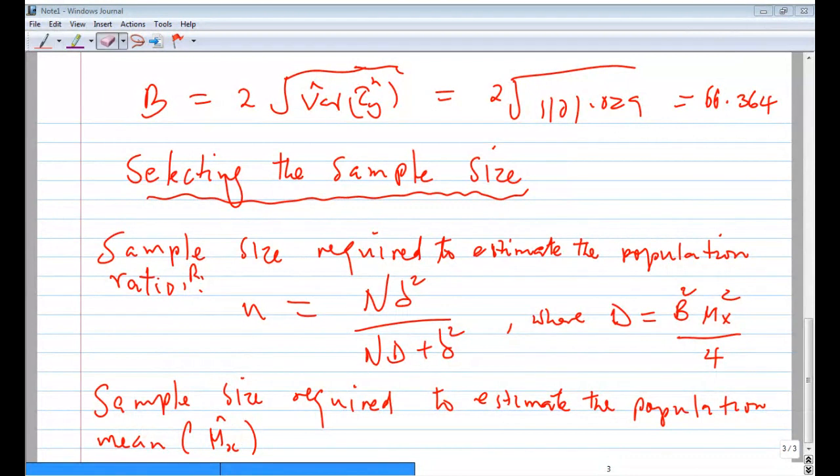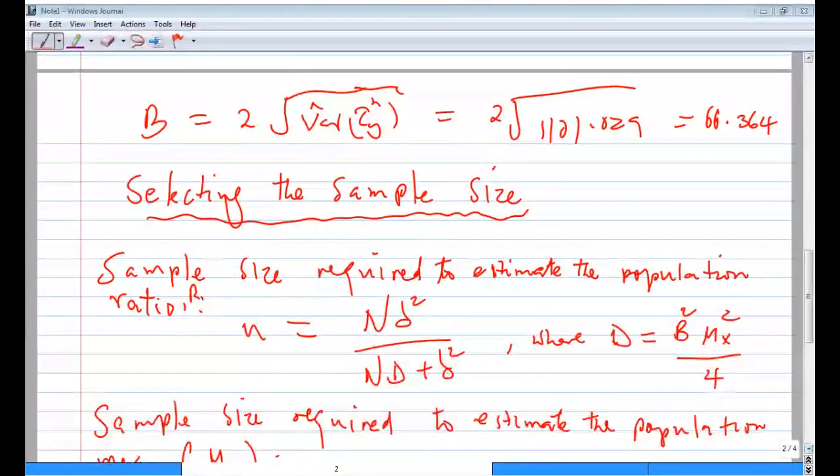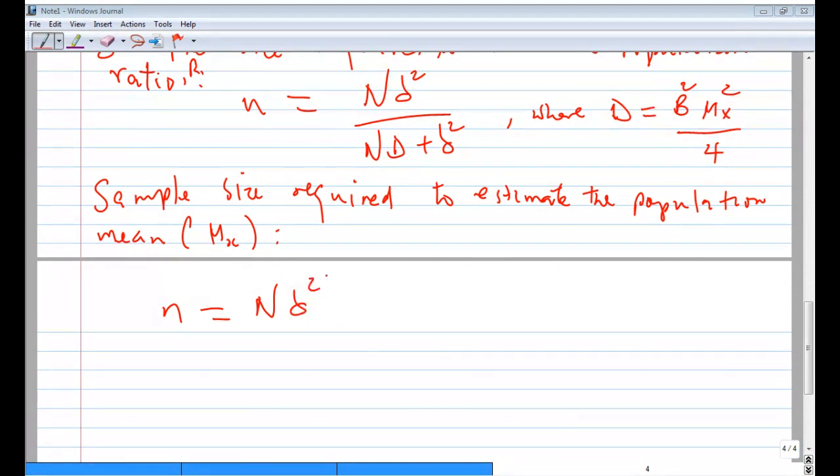To estimate this one, it's equal to the same formula, n, which stands for sample size, equal to the population size times the variance divided by population size times D plus the variance, where in this case our D is equal to B squared over 4.